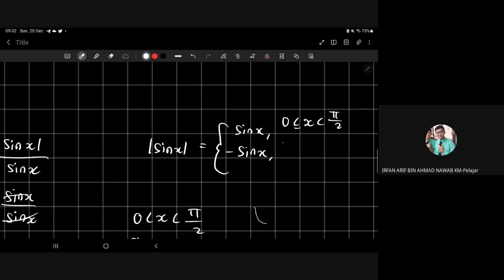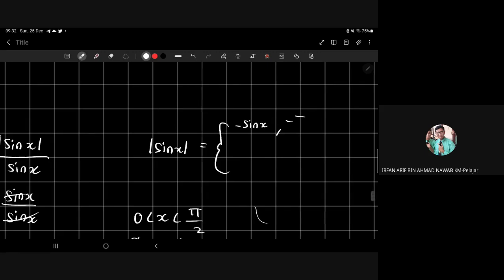Then we know that negative pi over 2, let me rephrase everything here. So negative sine of x from negative pi over 2 to 0, and sine of x from 0 to pi over 2.